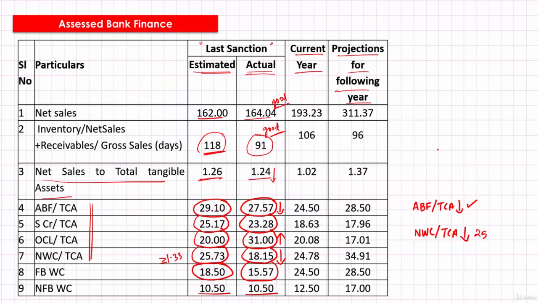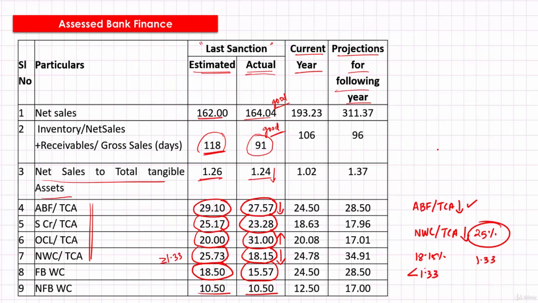It is below 25%. This 25% is very important, because the minimum net working capital contribution is expected to be 25%. Only then a current ratio of 1.33 can be achieved. Here it is 18.15%. So obviously current ratio will also be below 1.33.